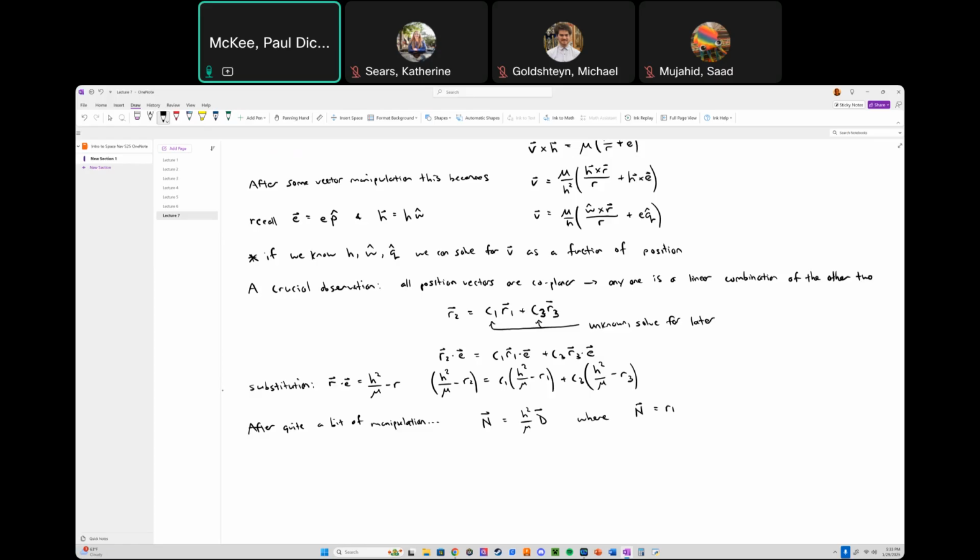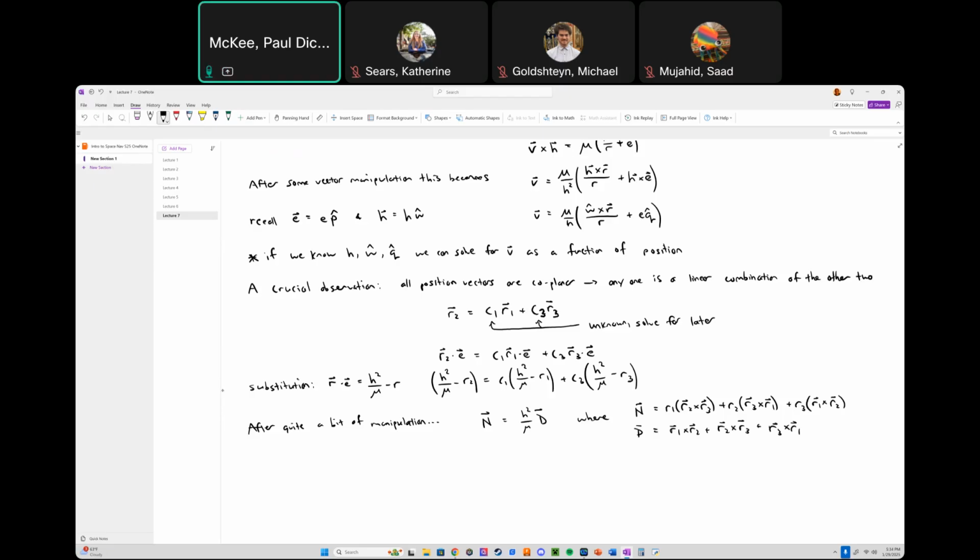This is going to be the scalar r1 times the vector r2 crossed with the vector r3, plus the scalar r2 times the vector r3 crossed with the vector r1, plus some scalar r3 times the vector r1 crossed with the vector r2. And D is r1 cross r2 plus r2 crossed r3 plus r3 crossed r1.